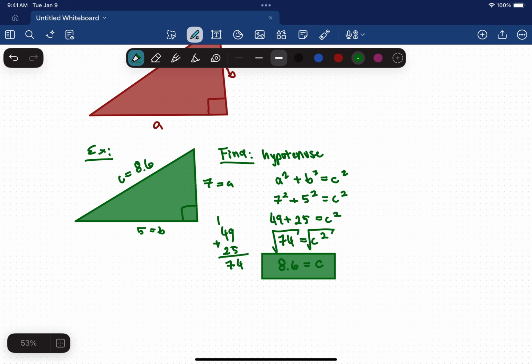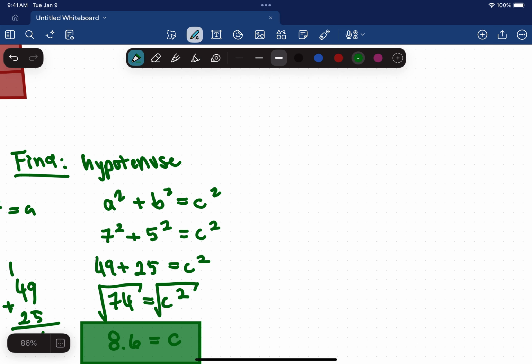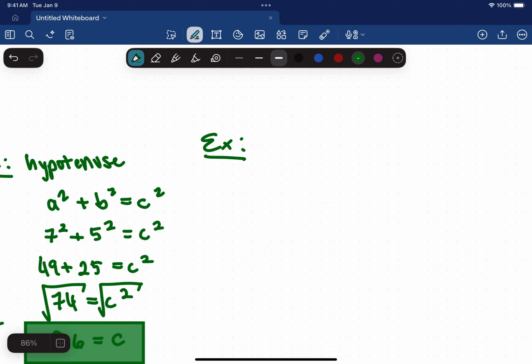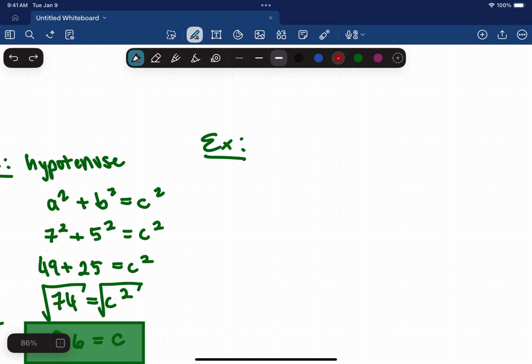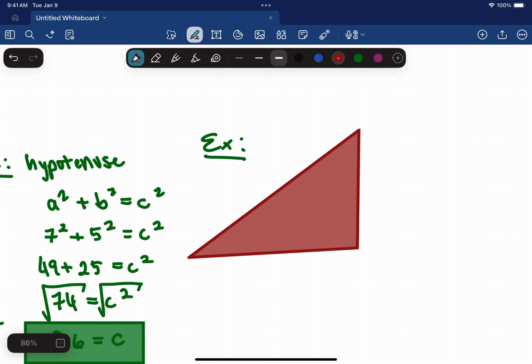Now, let's do another example. But instead of trying to find a hypotenuse, we're going to try to find one of the sides. So we're given a right triangle once more. Let's just say that's 90 degrees right there.